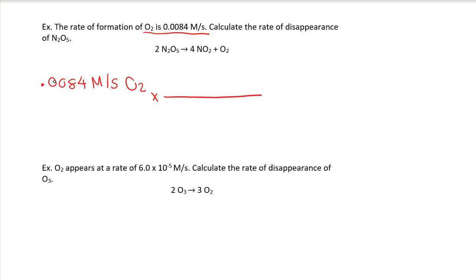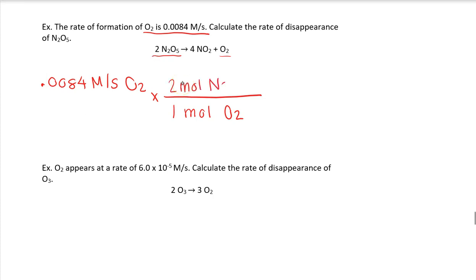And all we have to do for these types of problems is plug in the mole ratio. I can see that my dinitrogen pentoxide is going to disappear twice as fast as oxygen is formed. So all I have to do is put in my mole ratio. Remember, the mole ratio comes from the coefficients from our balanced reactions.